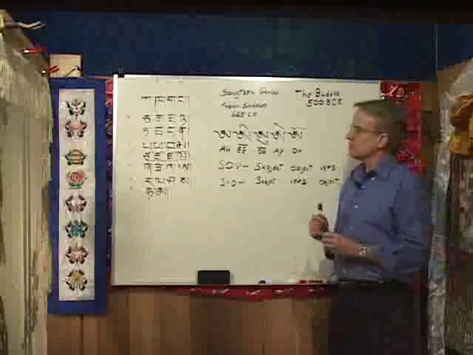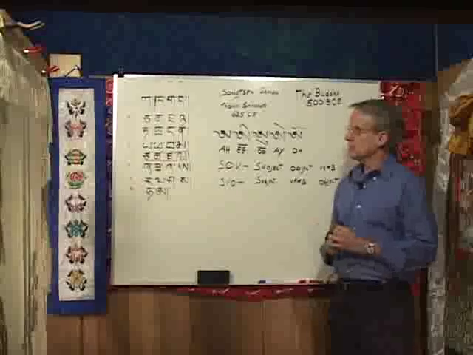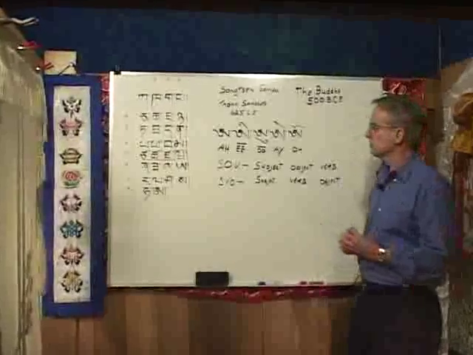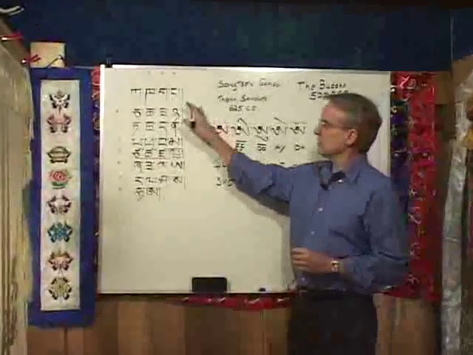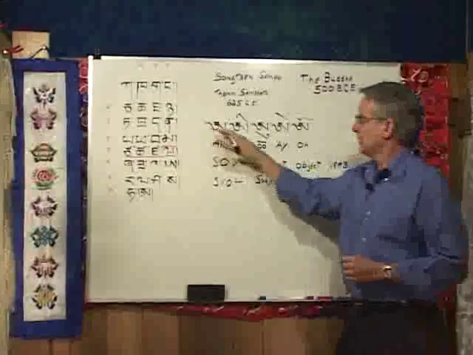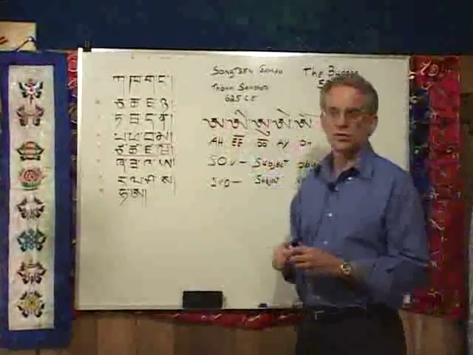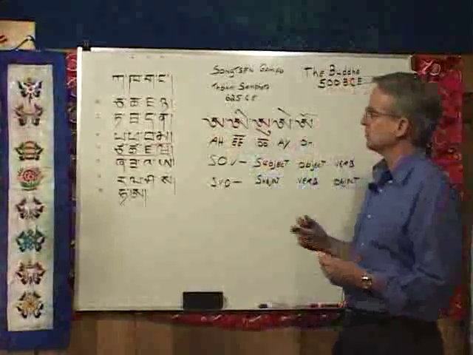So now I'd like to return to talking about the language itself. So we saw that there are 30 consonants and 5 vowels. Many of the 30 consonants are words unto themselves.